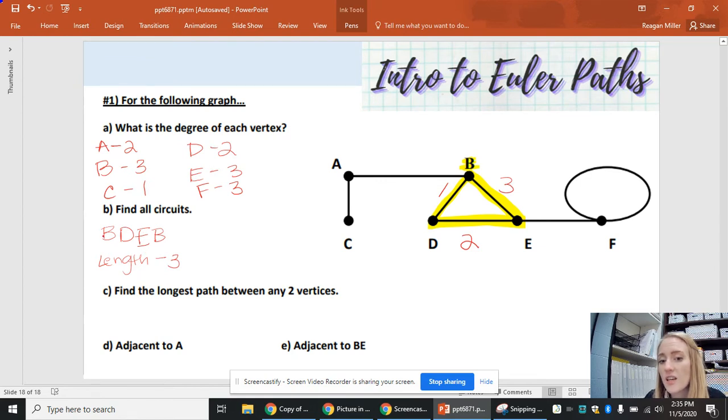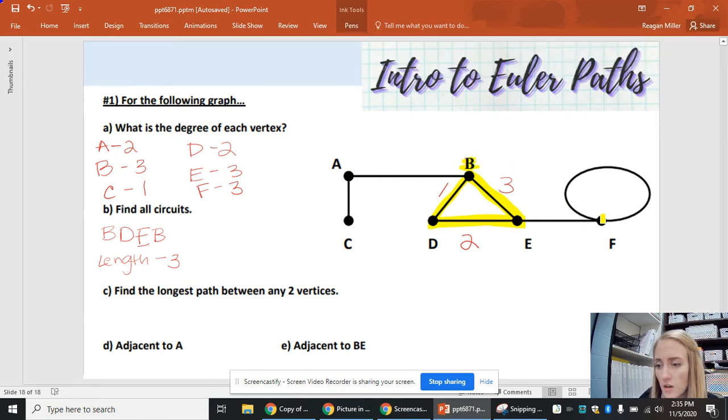And another thing, when you're writing out the letters, naming your circuits, you've got to end and start with the same letter. So even though some people were writing B, D, E, and then just stopping, you've got to come back to B. And then I think, technically here, this loop could be a circuit.